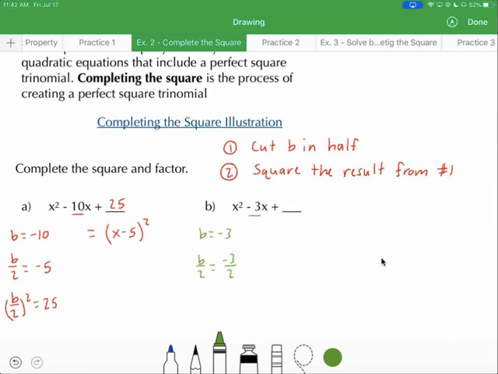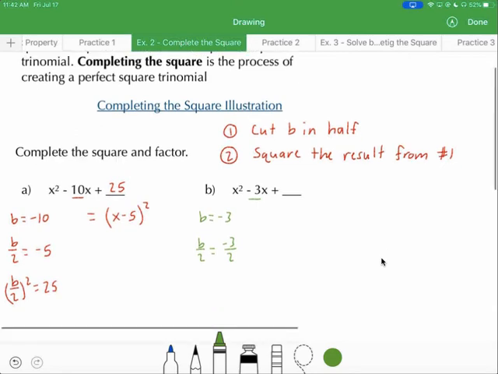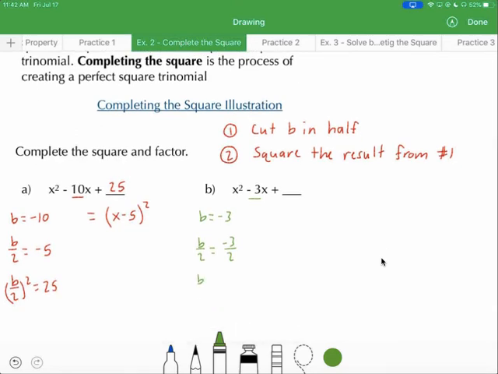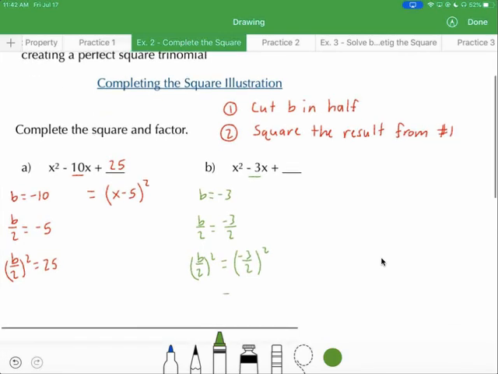Don't use decimals here, okay? Use improper fractions. It's the way to go, because my next step would be to square it, and let me show the work here. If you're squaring a fraction, all you need to do is square the numerator and square the denominator. So that's the number that completes the square here.